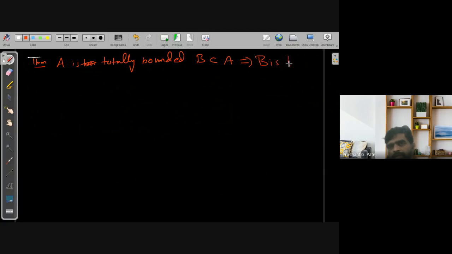That is the next theorem. The first observation you can make is: if A is totally bounded and B is a subset of A, then does it imply B is totally bounded or not? Whether this statement is true or not, what is your opinion regarding this?